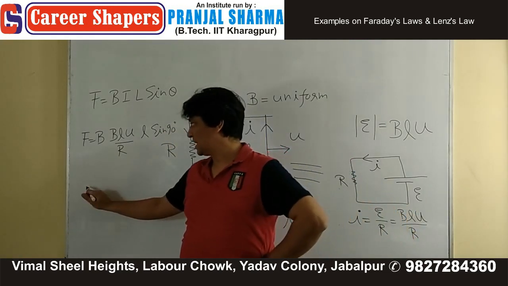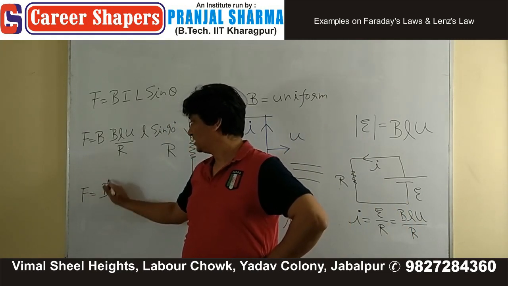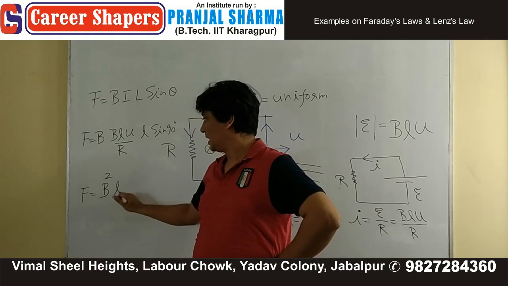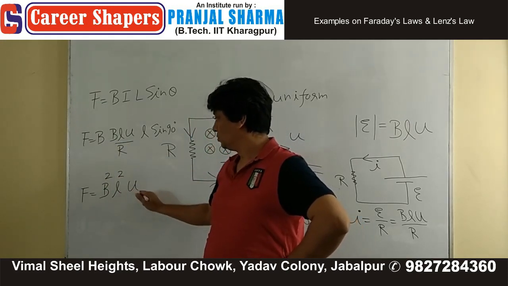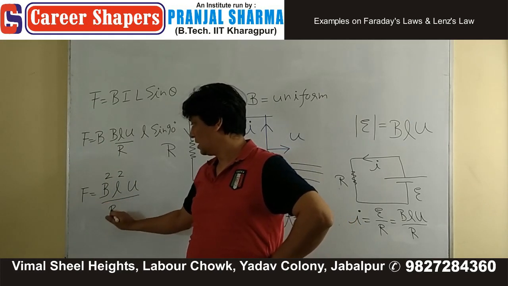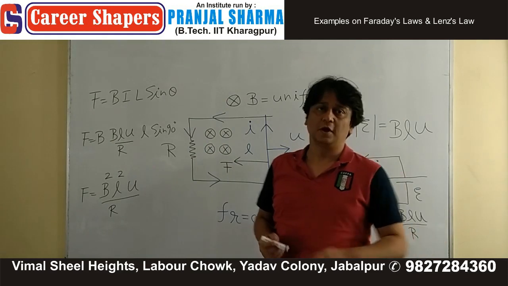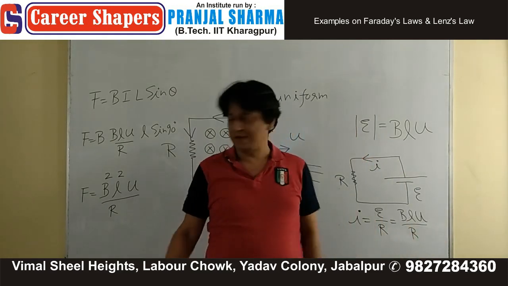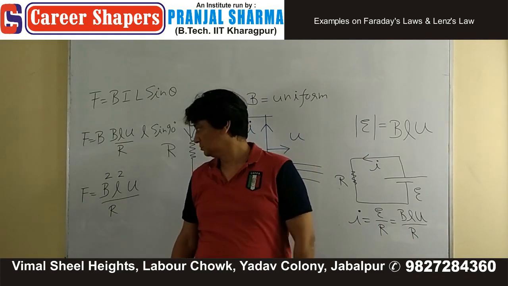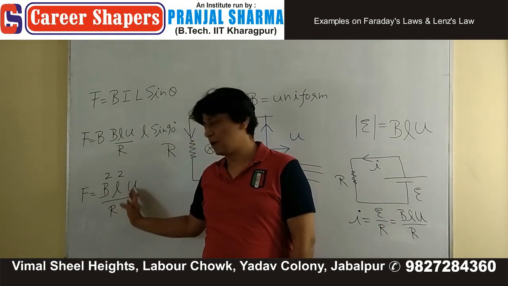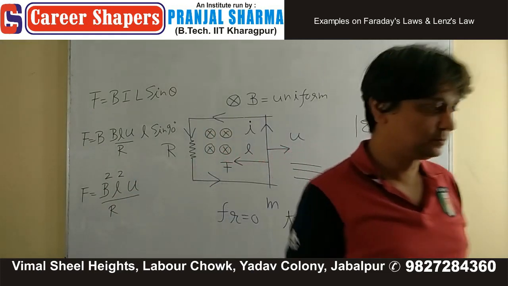And therefore this F is coming B square L square U divided by R. This is force. They are two very easy objective questions which you can expect in any competitive examination. B square L square U divided by R. Note down this.